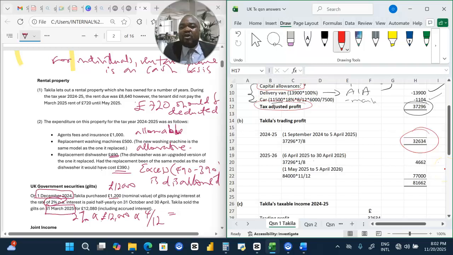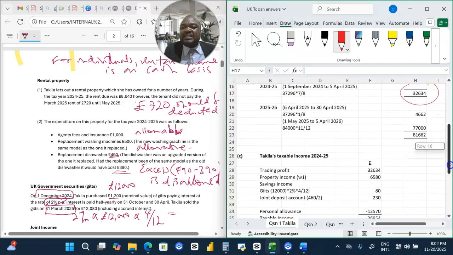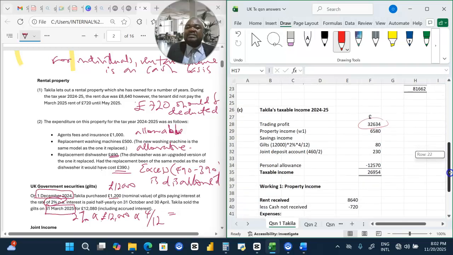So we then move on to part C, where we are taking the same figure as our trading profit. Remember, part C wants to tax all the incomes related to this particular lady. She's into trade, the self-employment business she was doing from part A. Then we need to tax her property income.